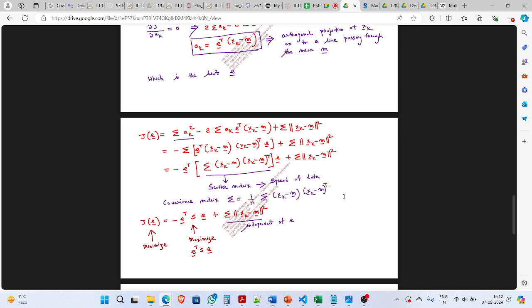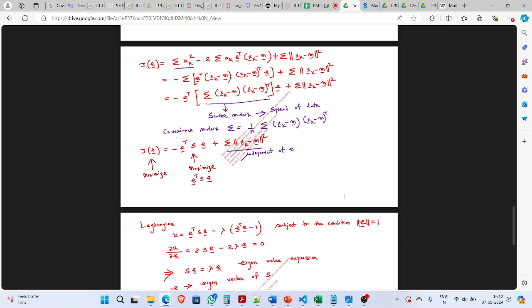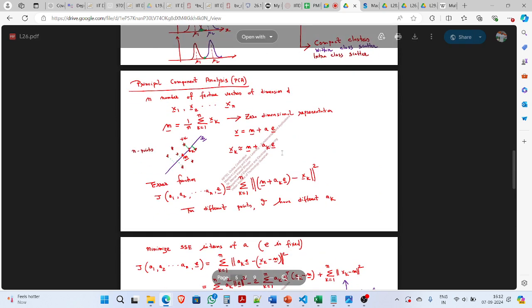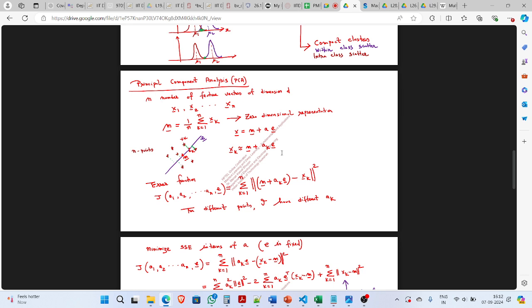So we have defined the loss function like this. First of all, if you understand the first expression here, this x, any vector here, is defined as the mean vector plus a times this e vector, which is the eigenvector.